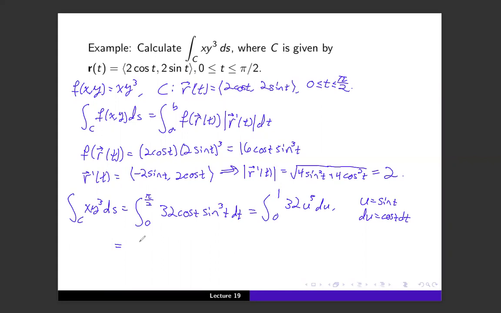So this whole thing is going to become 32 u cubed, or in other words, 16 u to the 4th from 0 to 1, or in other words, just 16.